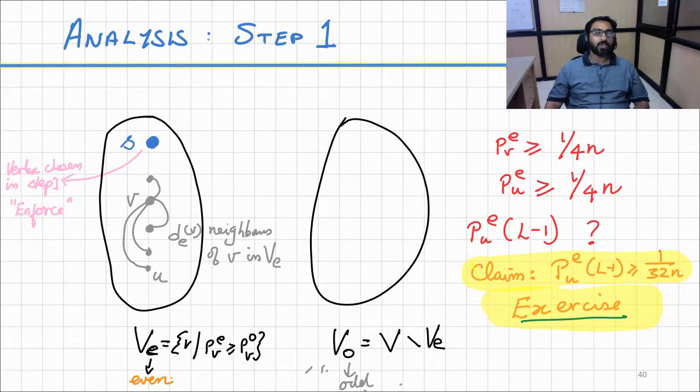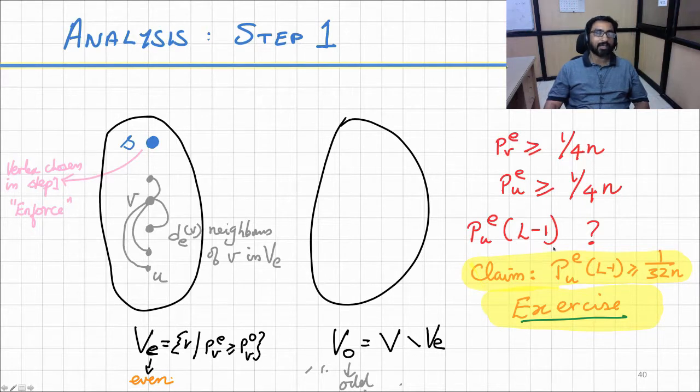And here's something we need to prove. This is going to be left as an exercise, but it's a nice little exercise for you to think about. What we need to show is the probability that a random walk starting at S will reach U with a walk length that is of even parity in L-1 random walk steps.